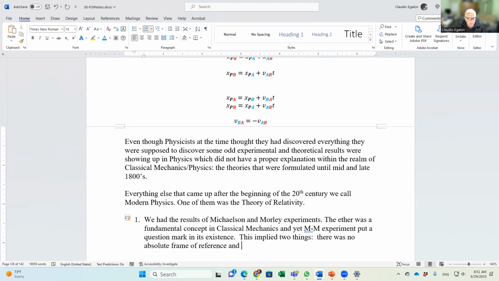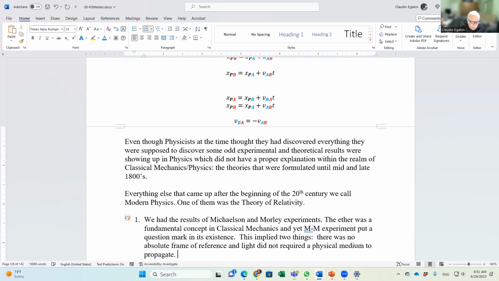And two, light did not require a physical medium to propagate. Physicists were stuck on this idea that any wave had to have a medium to propagate, and these experiments started to shake this belief among physicists.